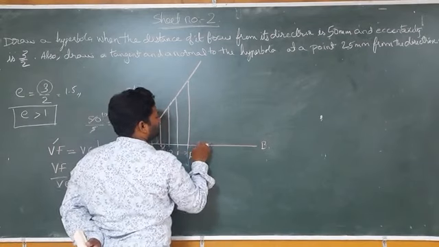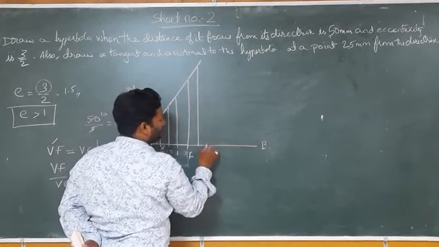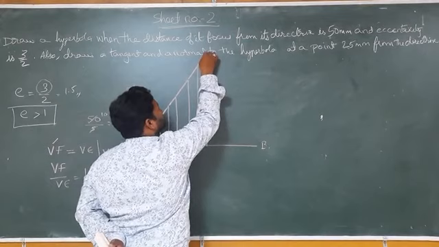We will draw the perpendicular line up to 6 or 7 units.